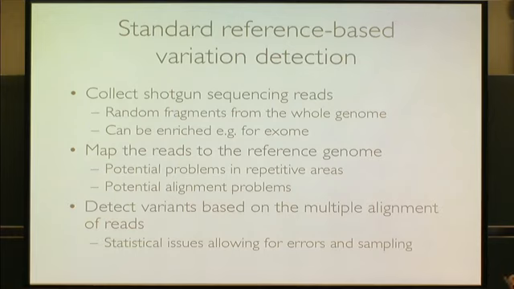The standard way that we find reference variation is to get shotgun sequencing reads, map them to a reference genome, and then detect variants based on the multiple alignment of reads. There are problems with mapping, with repetitive areas of the genome, and you can get local alignment problems. And there are statistical issues to address to do with errors and sampling, as well as with these alignment issues.